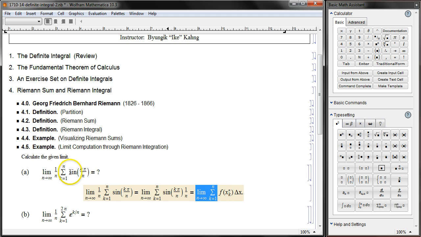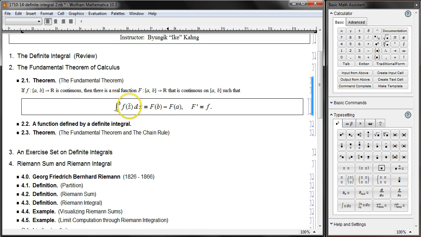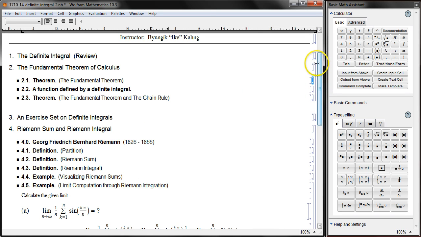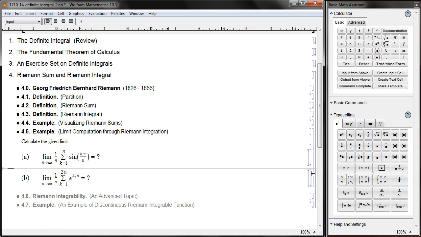Yes, it will, because sine function is a continuous function, and for continuous function, the definite integral exists. Part of it is the fundamental theorem of calculus. The integral exists. Okay, so much of preparation. Let's work this problem out. Okay, brace for impact. This is not going to be easy.